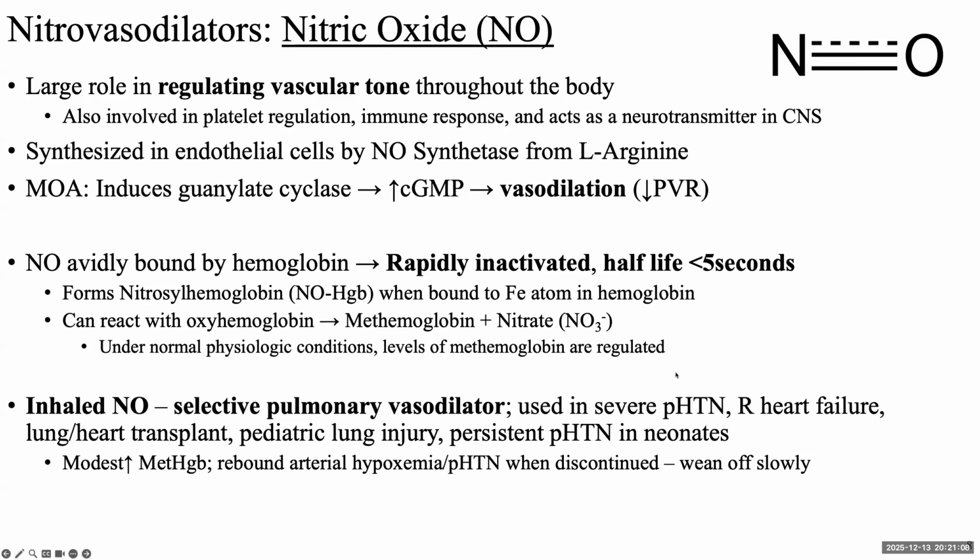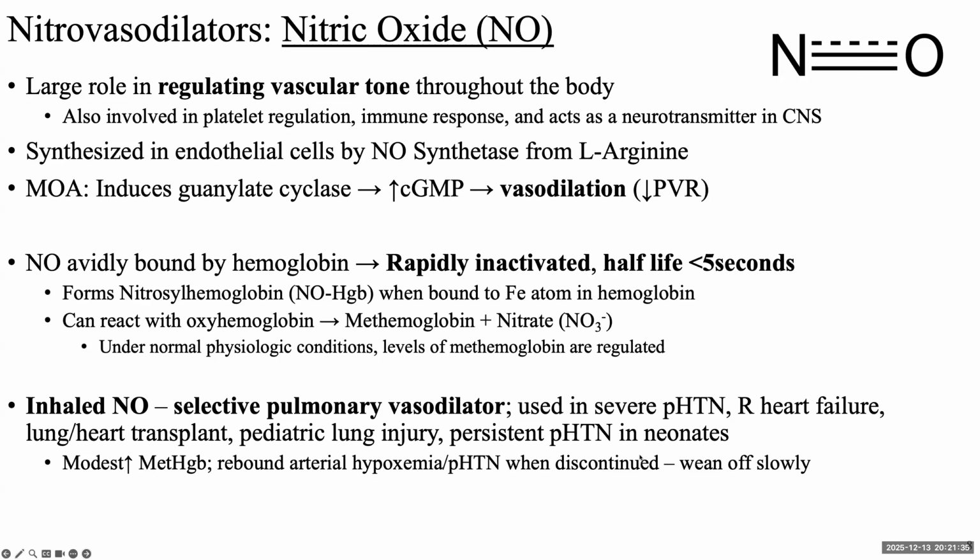Now, there's also an inhaled form of nitric oxide, which acts as a selective pulmonary vasodilator. This is useful in the setting of severe pulmonary hypertension or right heart failure, lung or heart transplant, pediatric lung injury, or even persistent pulmonary hypertension in neonates.